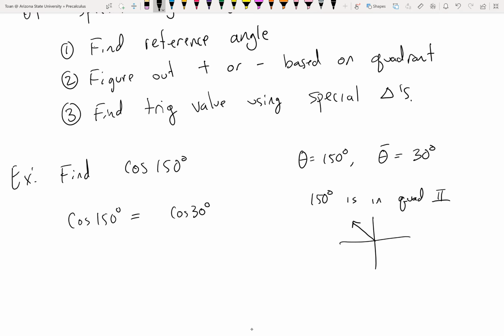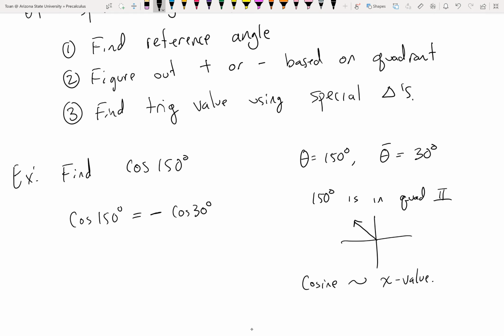I'm working with cosine. I should know that cosine relates to an x value. So here's my question: are x's positive or negative in the second quadrant? I hope it doesn't take a long time to know that x's are negative in the second quadrant. So I have to put a negative here.